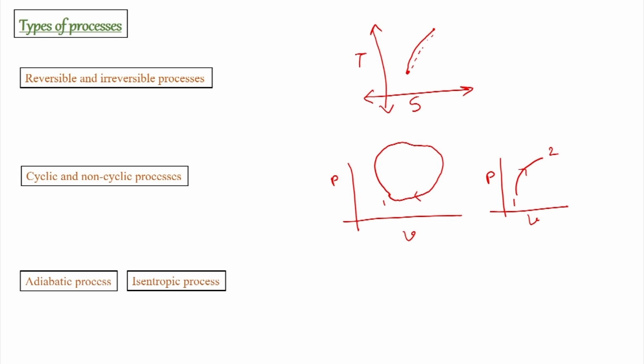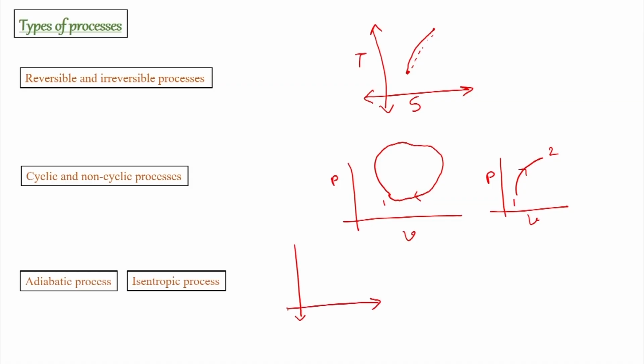Then we have adiabatic process or isentropic process. Adiabatic process is a process in which there is no heat interaction between the system and the surrounding. But if the process is executed reversibly, then reversible adiabatic is also termed as isentropic process.